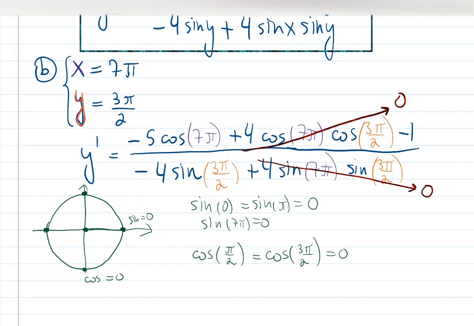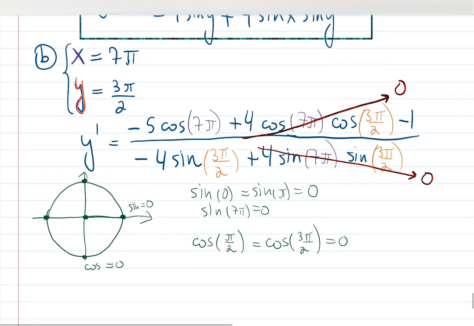Now we just need to figure out the other two values, cosine of 7 pi and sine of 3 pi over 2. Sine of pi over 2, since it's height, is 1. 3 pi over 2 is over here, and the height here is -1. So this piece is -1.